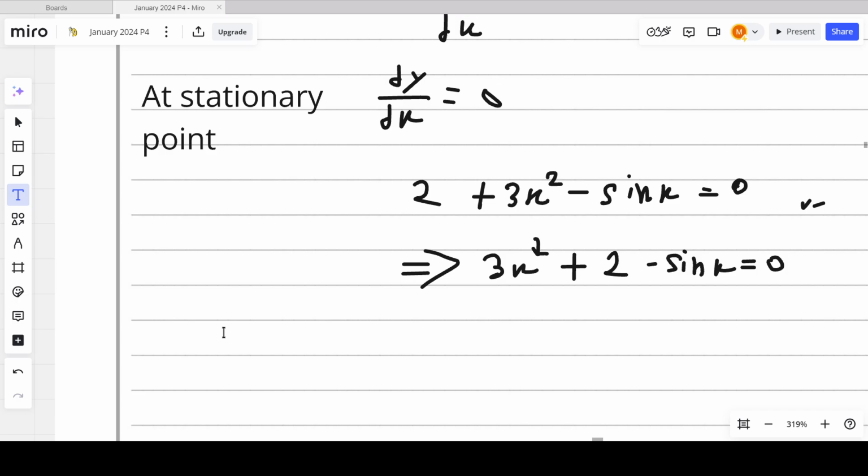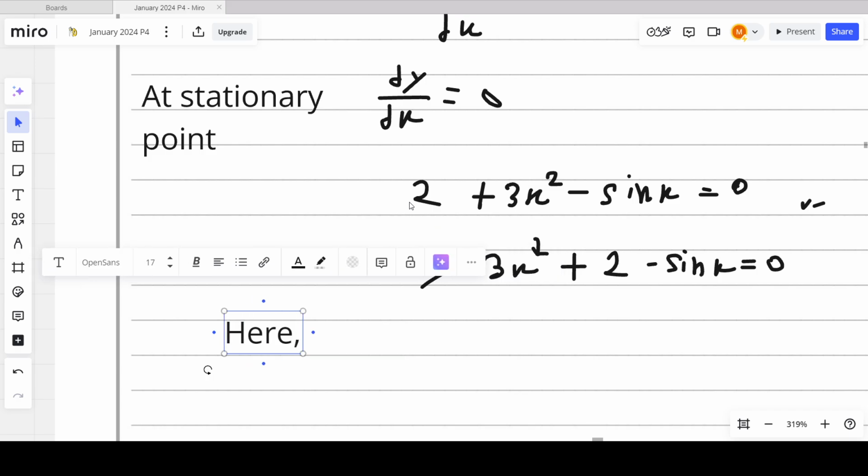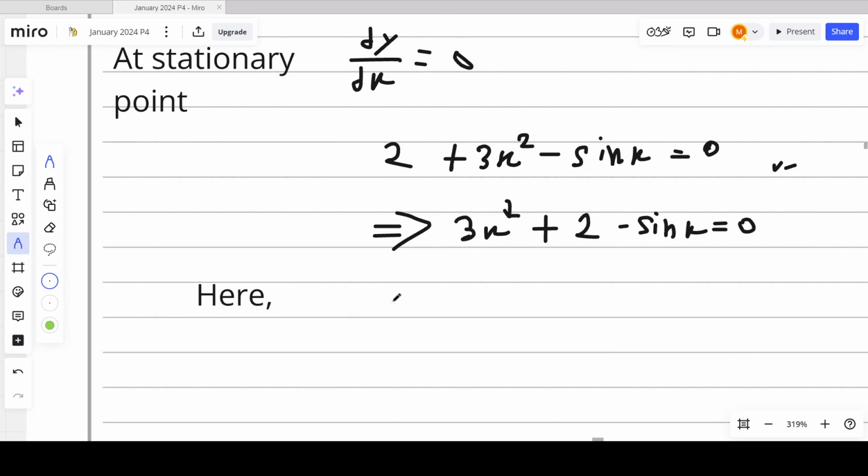So let's see what I can write here. Consider the possible values for sin x. Sin x is greater than or equal to -1 and less than or equal to 1.